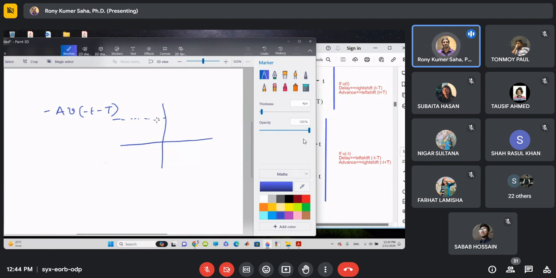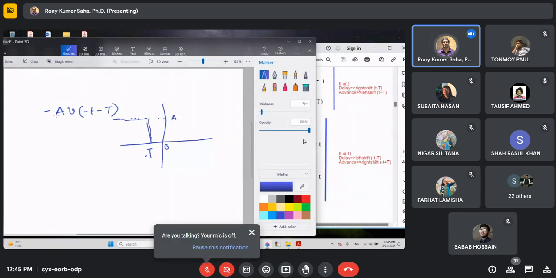Normally the nominal response should start from zero, but now it is delayed. When this signal is delayed, it should start from here, because it is delayed by some amount. It's a reverse response, so here is the t. So now it should start from here, right? And this is the value of a if this one is positive.